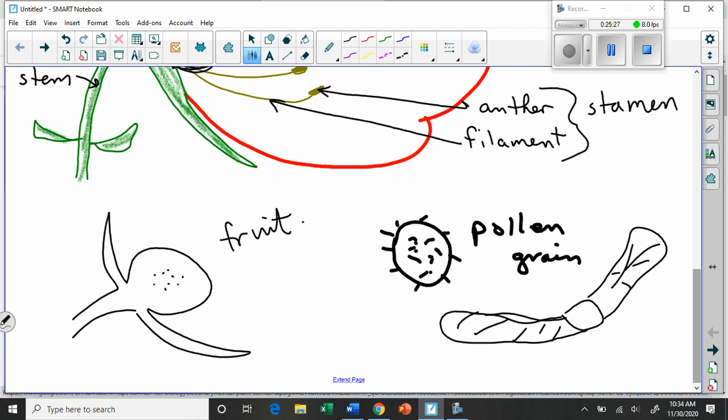So they rely on the wind and the air to move the seeds around instead of a deer eating the apple. And so maple trees don't make delicious fruits because they're not trying to attract someone to eat their seeds.